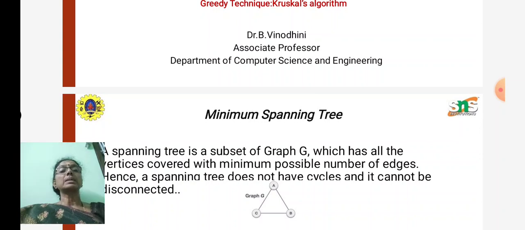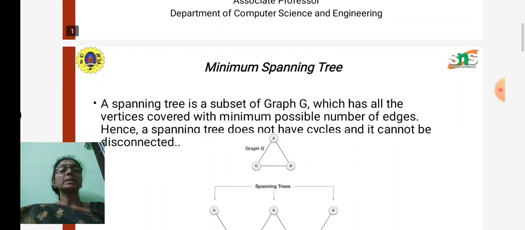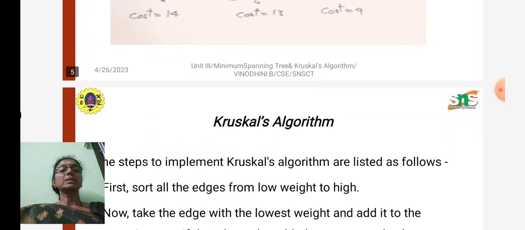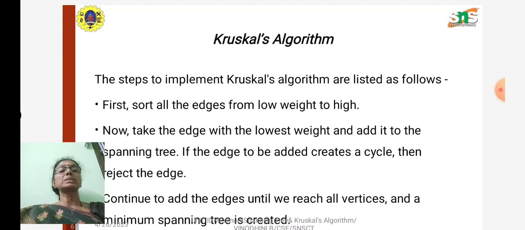In today's lecture, we will learn what Kruskal's algorithm is and how to find the minimum spanning tree using it. Kruskal's algorithm is a three-step process. First, sort all the edges from low weight to high. Next, take the edge with the lowest weight and add it to the spanning tree.